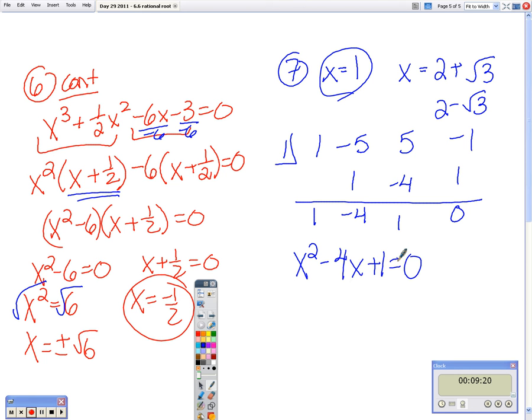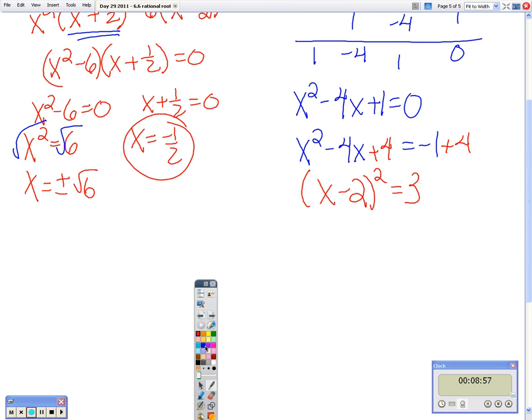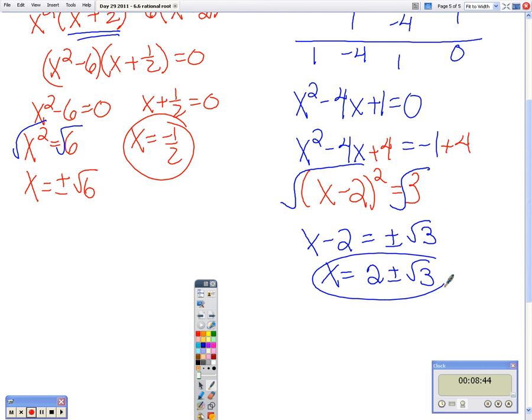So I'm going to complete the square, because this is even. So I moved my 1 over. Half of 4 squared is 4. So this factors to x minus 2 squared equals 3. Can square root both sides. So I've got x minus 2 equals plus or minus root 3, and add the 2 over, and that's how I got my last 2 answers.